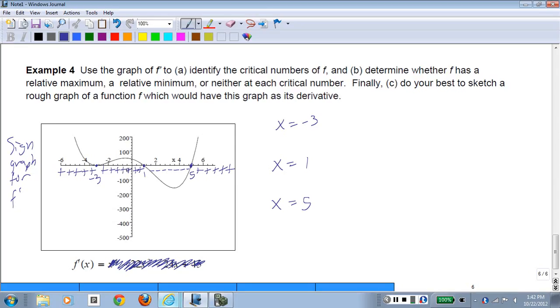What's happening at negative 3? Relative minimum. Well, no, it's not going to have anything. If this were the graph of f, it would be a relative minimum, but it's plus plus. So the graph of f is actually increasing going into this and increasing on the other side. So if we're trying to reconstruct the graph of f, we understand it's not unique. There are a lot of different f's that would work here.